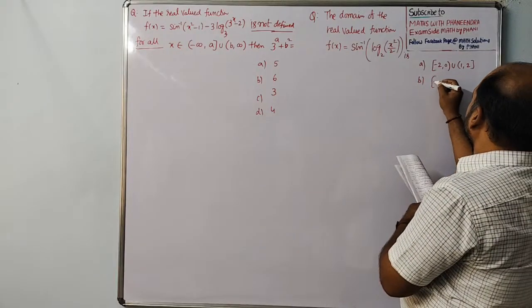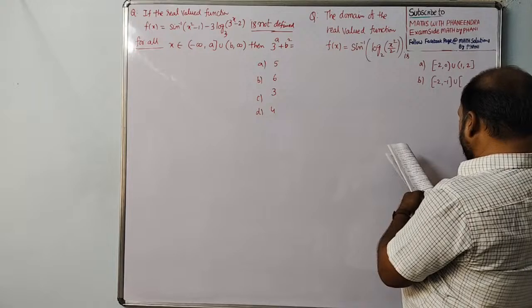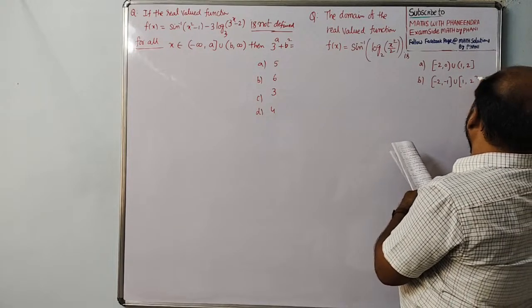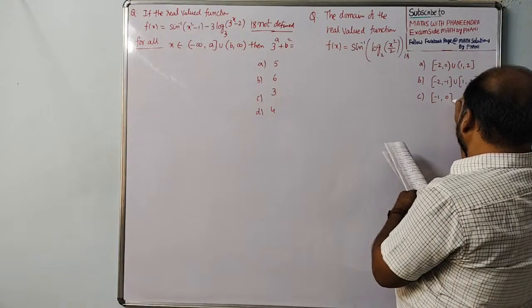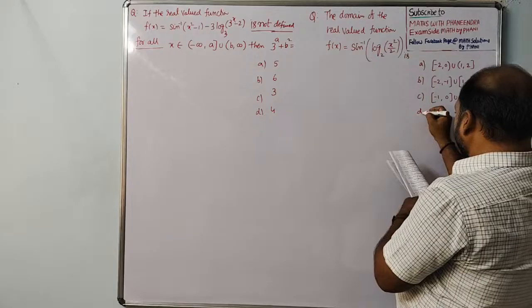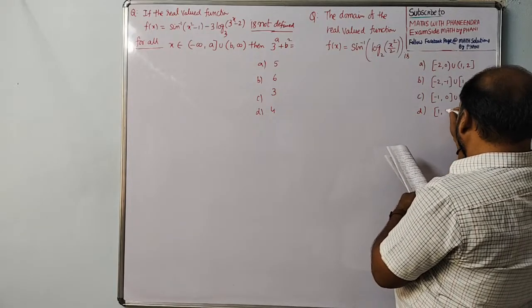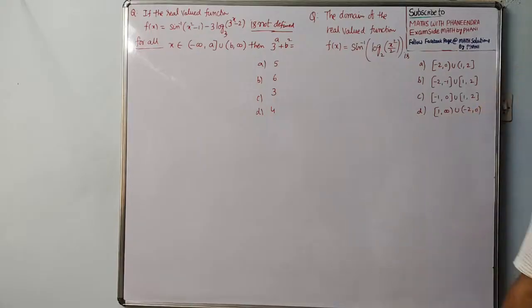Second option, closed minus 2 comma closed minus 1 union closed 1 comma 2, closed minus 1 comma 0 union closed 1 comma 2, closed 1 comma infinity union minus 2 comma 0. These type of questions we can expect, dear students.